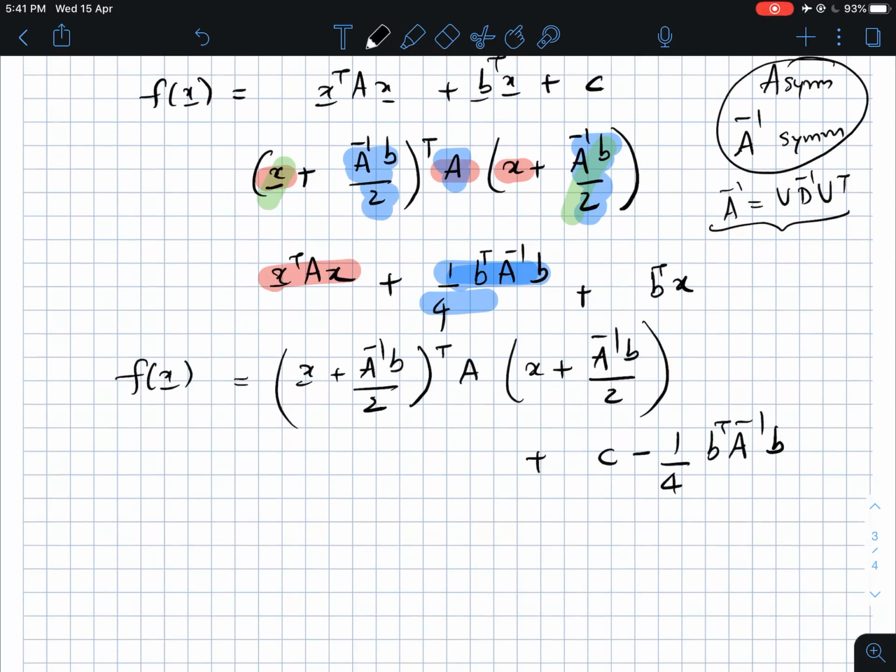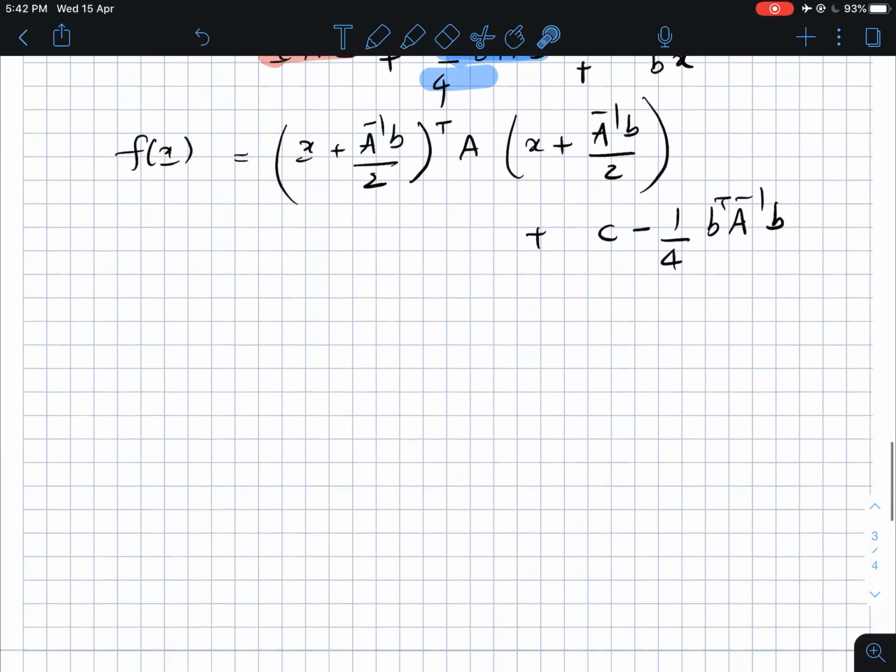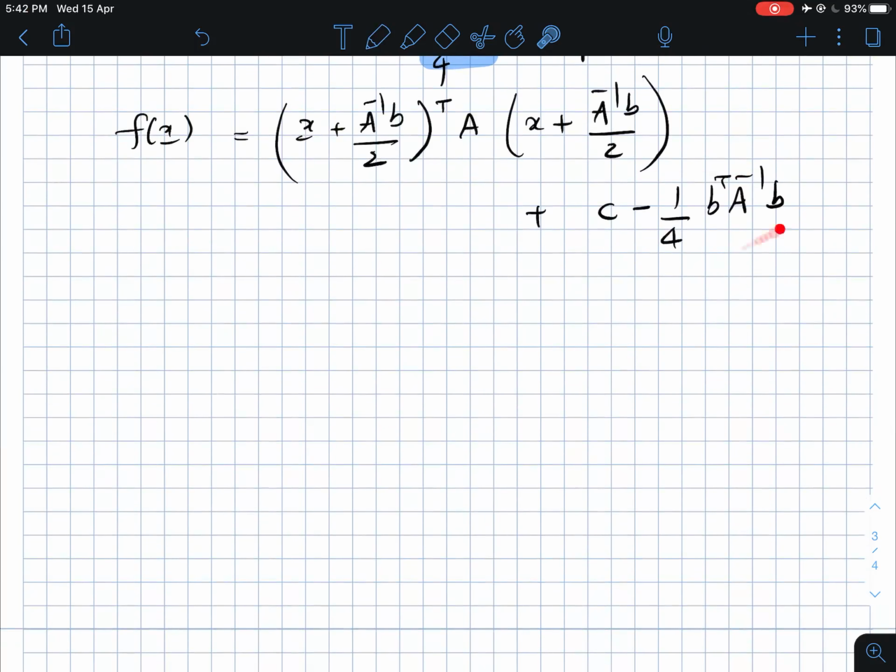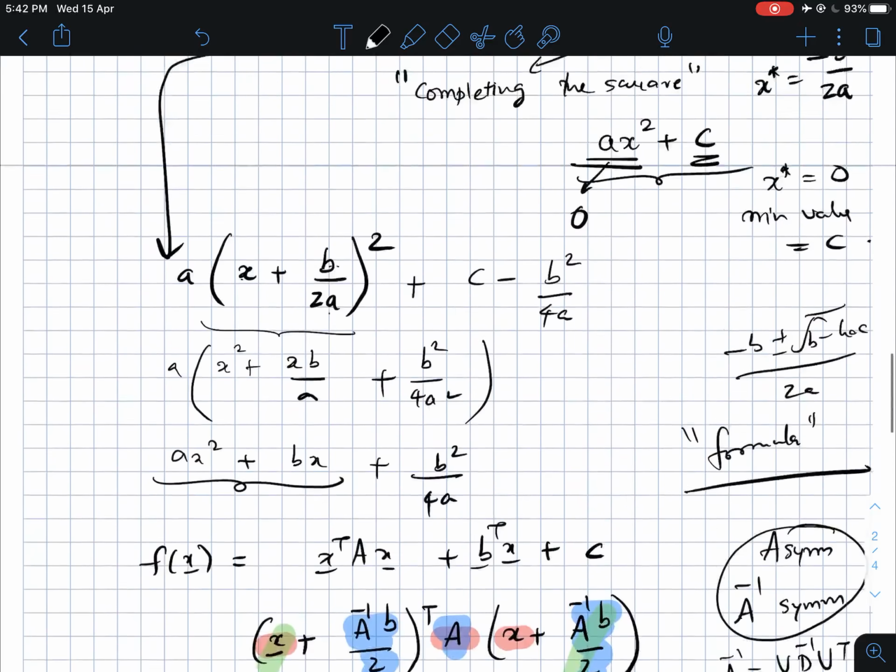If I want to minimize this function, what do I do? First of all, remember that this part over here is constant, unaffected by x. This is the only part that depends on x. If you look at this whole thing as basically a y, you have y transpose A y here. And A is given to be positive definite.